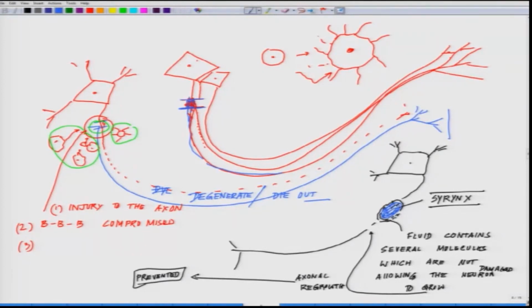So one way one can think of bypassing this situation is that you somewhere or other have an access in your spinal cord and you develop antibodies against growth inhibitors, because there are molecules which are growth inhibitors. You develop antibodies and put the antibodies at that site. This is one approach.